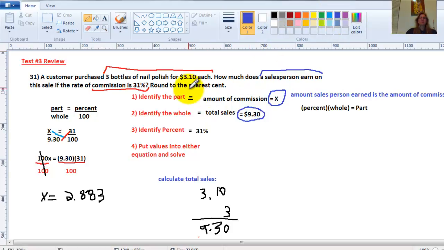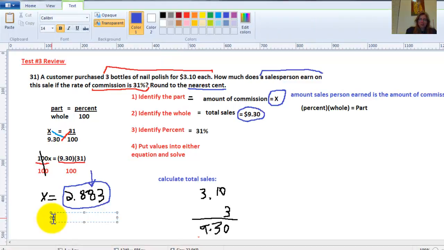So we're not done with that answer. In order to round this to the nearest cent, that means round to the hundredths place, which is this place right here. We look to the right, it's a 3, so we do not change the 8. So it's just $2.88. So x equals $2.88 as the amount earned on the sale of the nail polish.